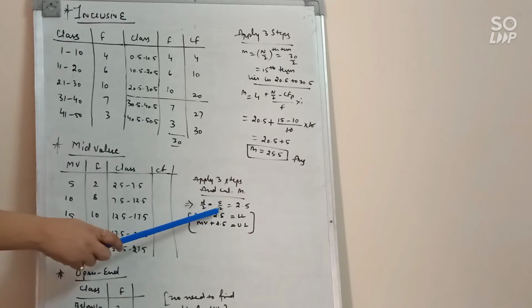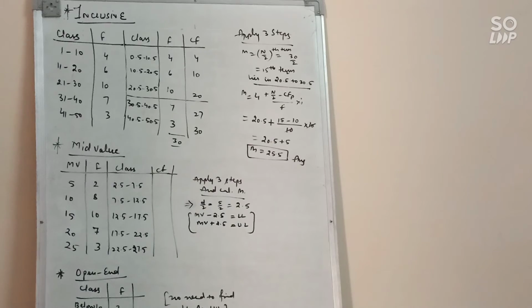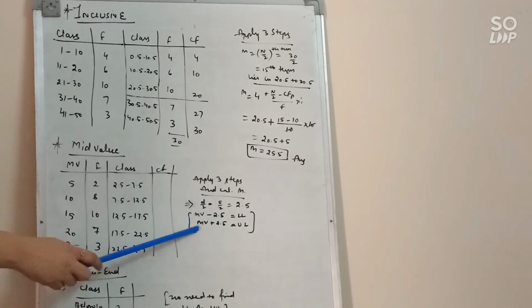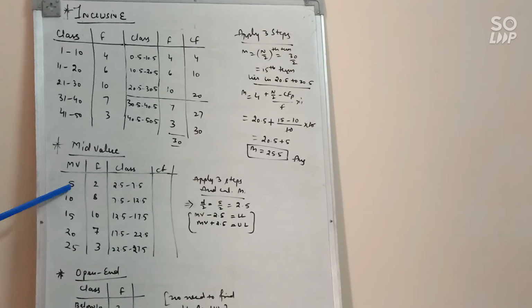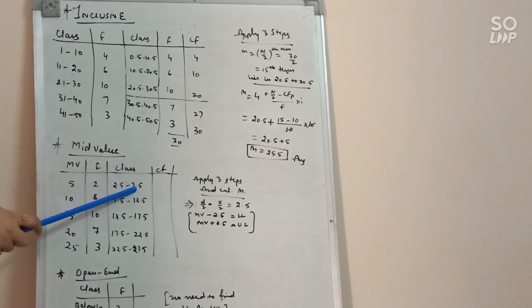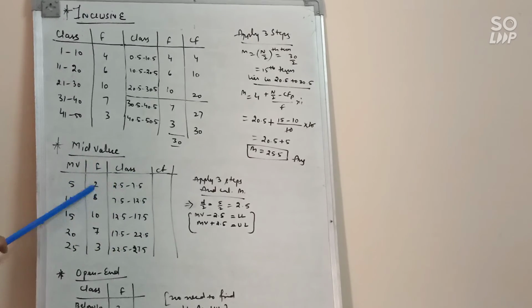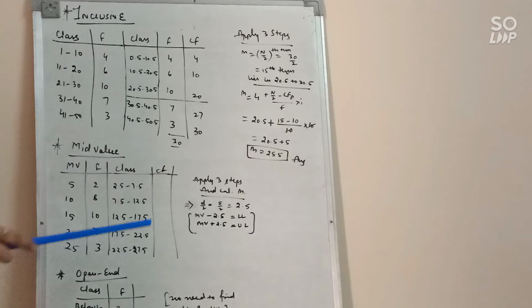So when you deduct 2.5 from the mid value, we will get lower limit. And when you add 2.5 to the mid value, then you will get upper limit. So 5 minus 2.5, we have 2.5, that is lower limit. And 5 plus 2.5, we have 7.5, that is your upper limit. So in this way you can calculate all the classes. Frequency remains the same, and after frequency you will calculate CF, calculate median.